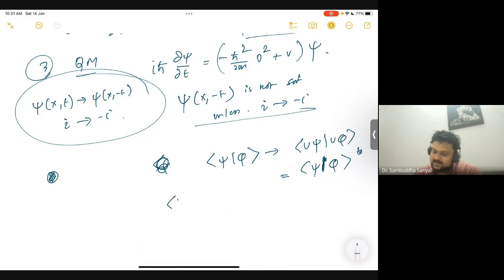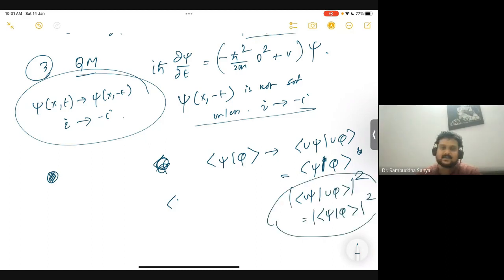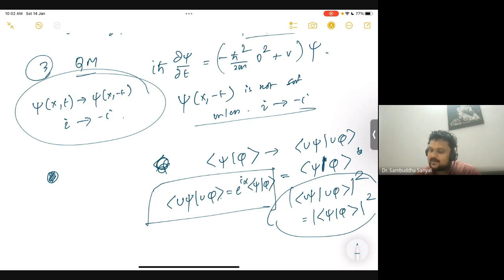First of all, what I want is that the mod square of the inner product of U psi and U phi is equal to the mod square of the inner product of psi and phi. This is what I wanted, and I said this is the condition, but I didn't discuss, and that's what I want you to think about: why it is not like this, why I am not allowing this but just saying star. Okay? Think about it.